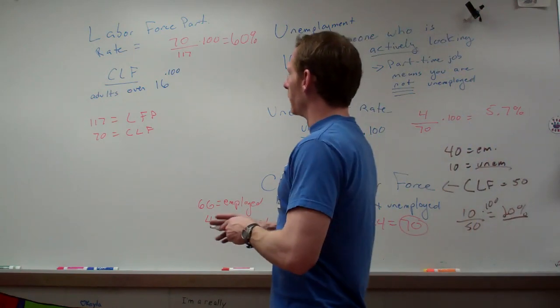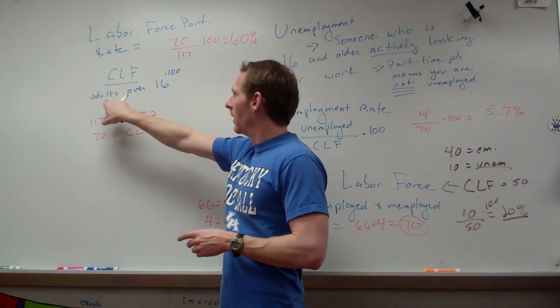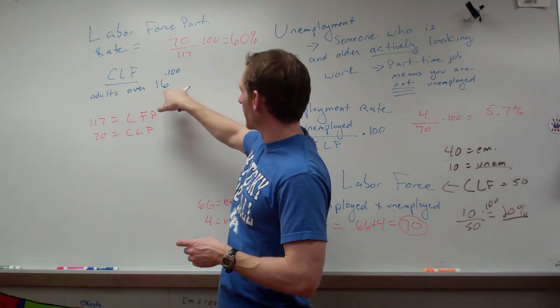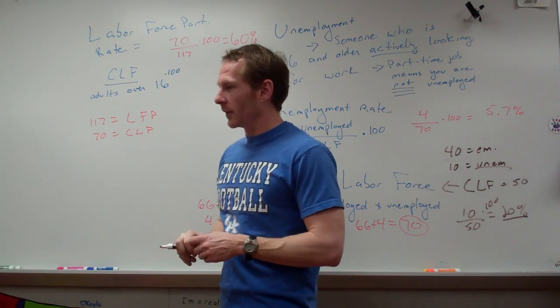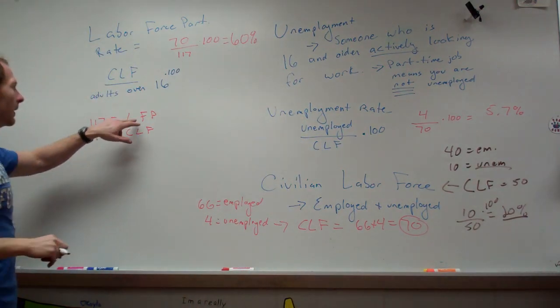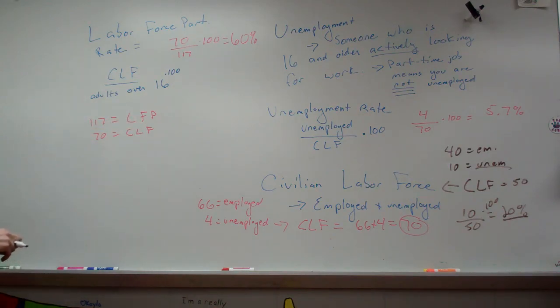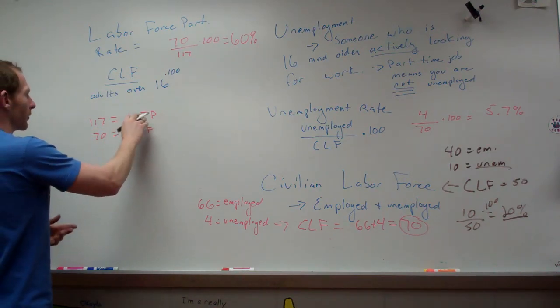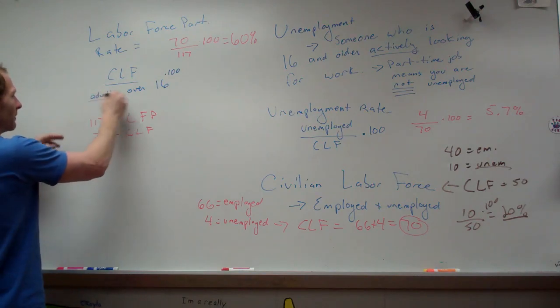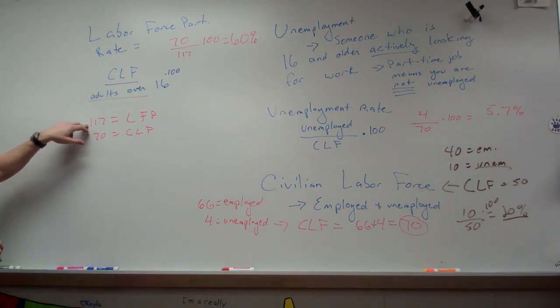To find that, you take the civilian labor force over the adults over 16, times 100. So let's say adults over 16 equals 117, and we know the civilian labor force is 70.